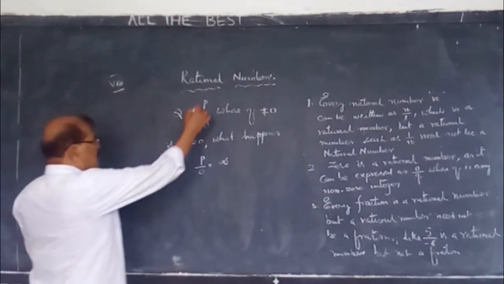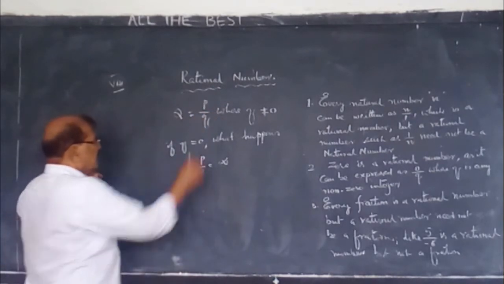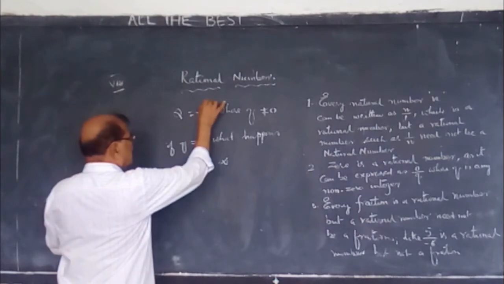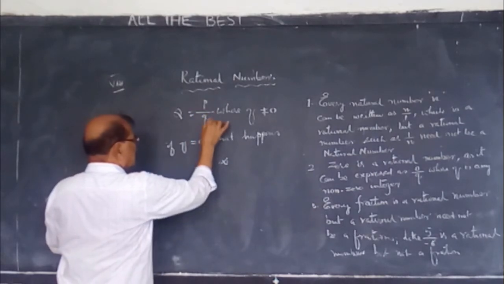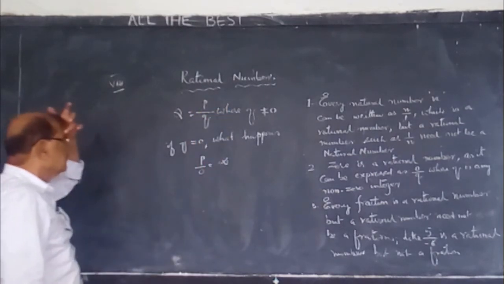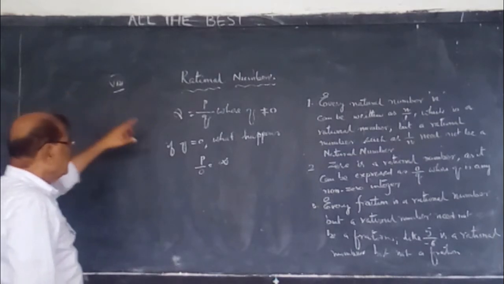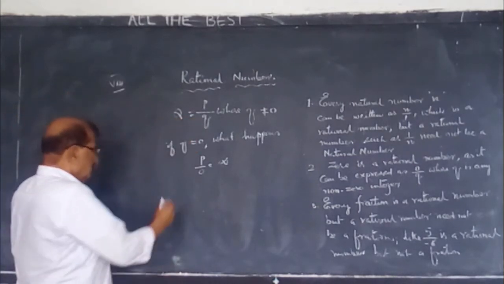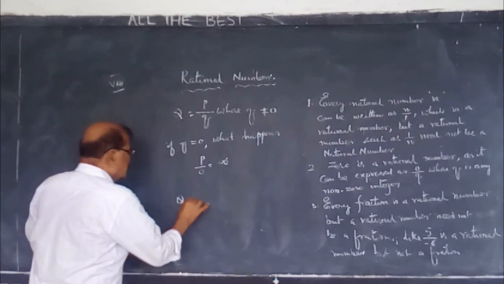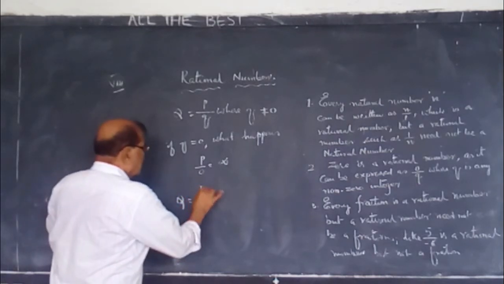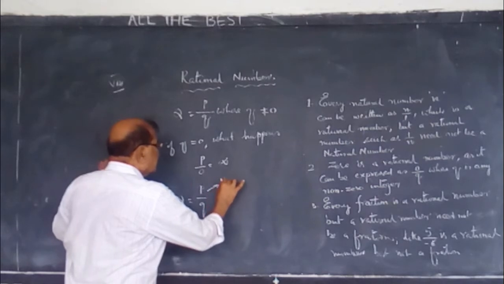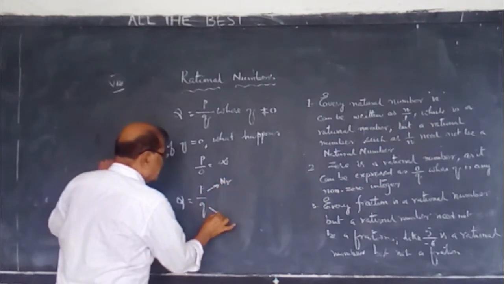If you observe this p by q, it is nothing but a fraction. p is called numerator and q is called denominator. So Q is equal to p by q. This is numerator and this is denominator.